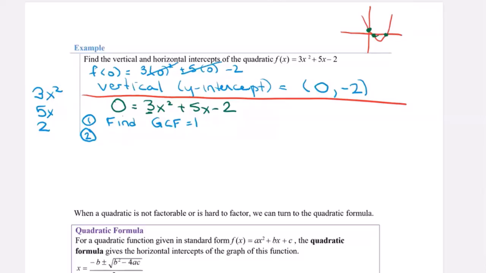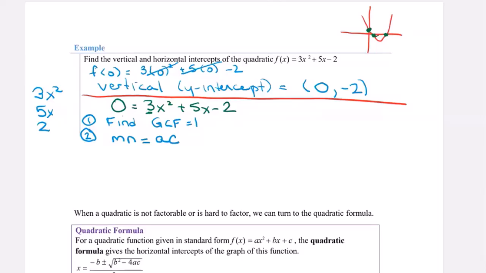What I want to do, this is called the AC method. I want to find 2 numbers, and I usually call them m and n. They can be called anything. They're just 2 numbers, and I don't know what they are, so I need letters to represent that, right? So I would say that m times n has to equal a times c.